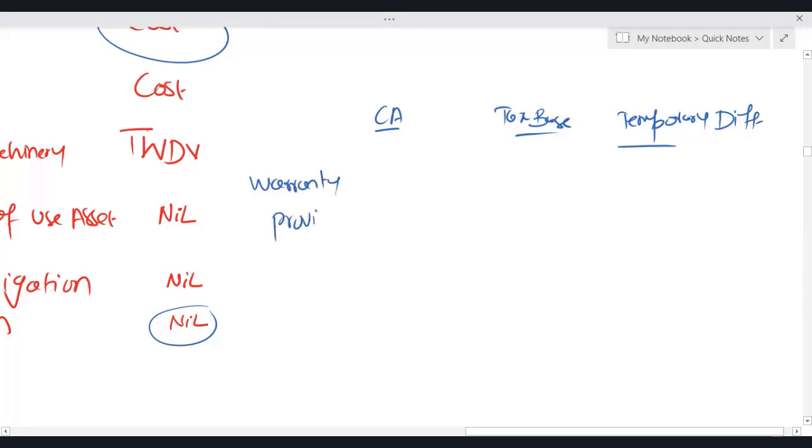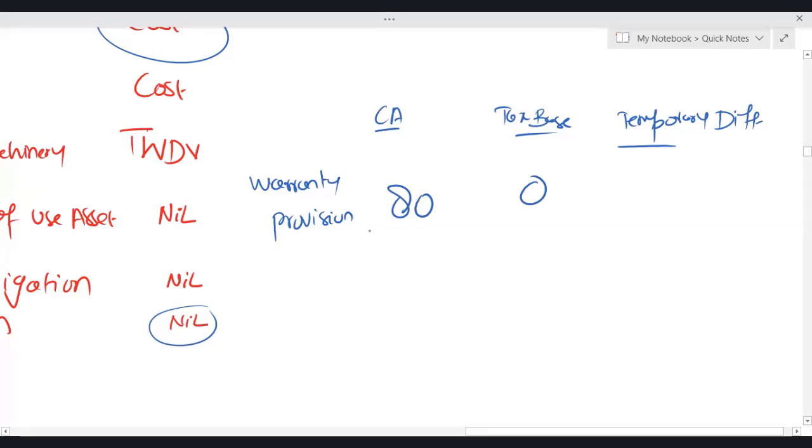Warranty provision: I'm assuming the warranty provision has a carrying amount of 80, but the tax base will be 0 because taxation authorities do not accept your provision as a liability. Under IAS 37, let's say we have recognized the warranty provision. Taxation authorities simply don't assign any value to your provision. So the tax base will be 0.